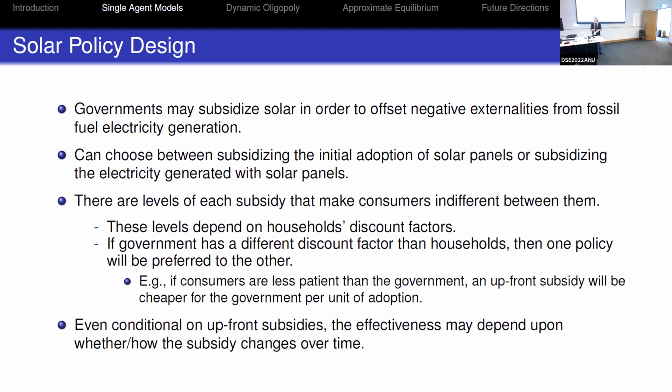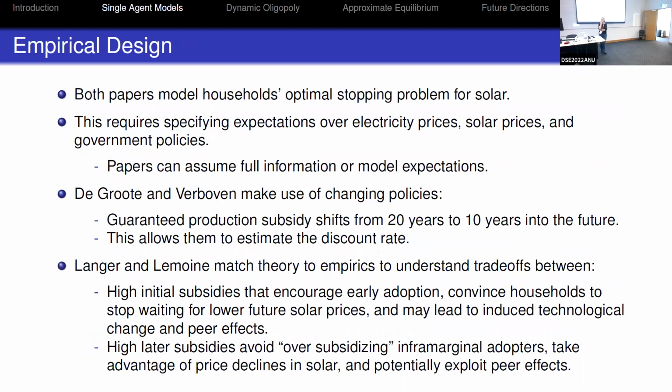And so explicitly, De Groot and Verboven are going to think about this problem. How are they going to do it? So it's an optimal stopping problem. What affects your optimal stopping problem? And actually this is for both papers, this much is the same.